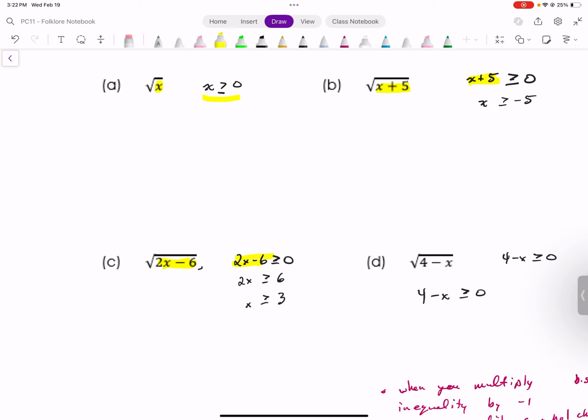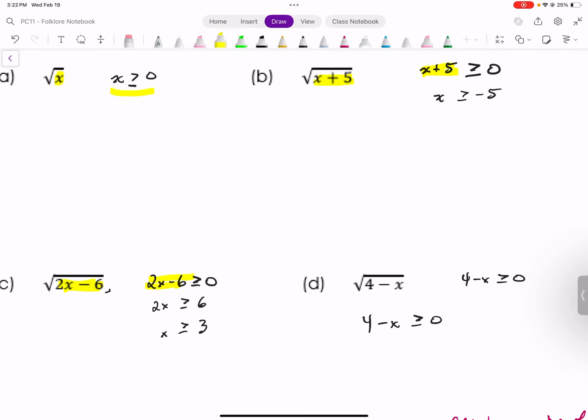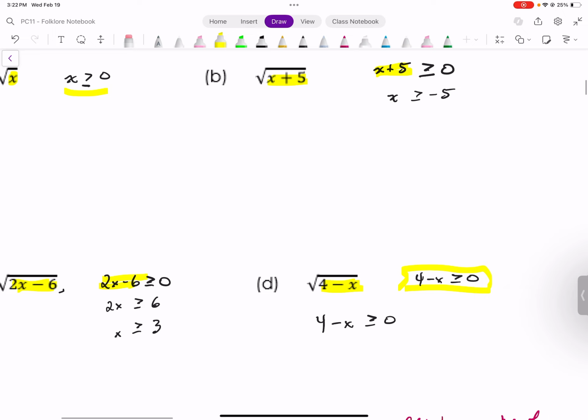Now, let me go to D. D is kind of a tricky one. The first thing I did was I'm interested when my radicand is greater than or equal to 0. It just happens that my radicand, 4 minus x, is greater than or equal to 0. One way to work with this is simply to add x to both sides, and we get 4 is greater than or equal to x.